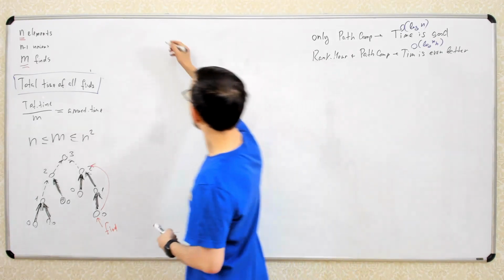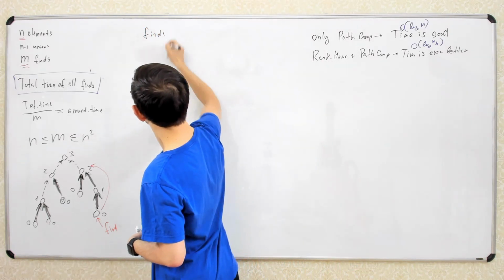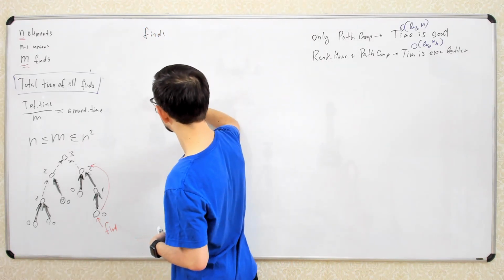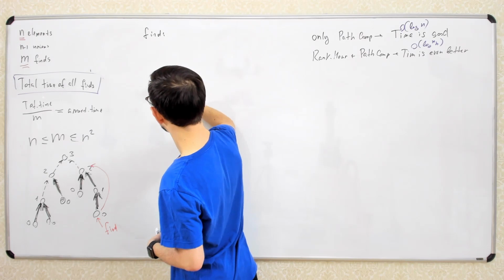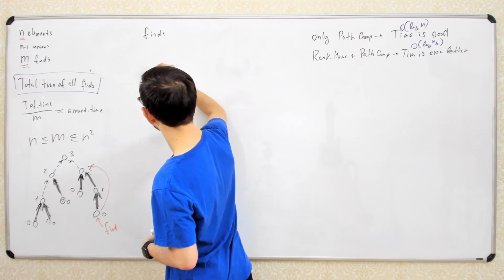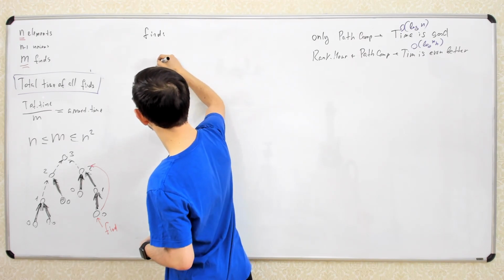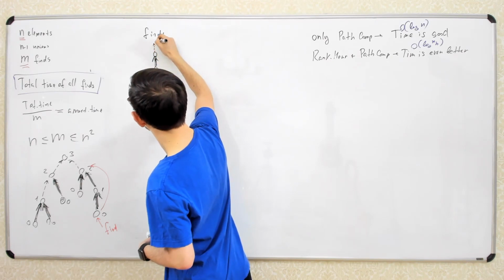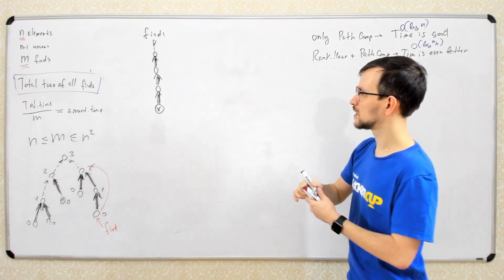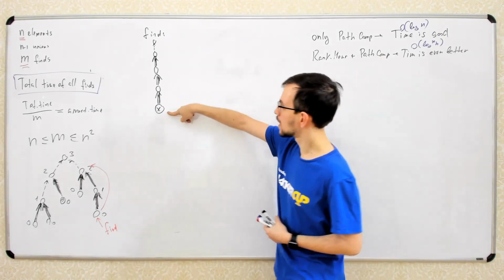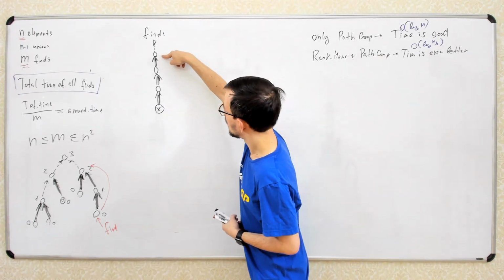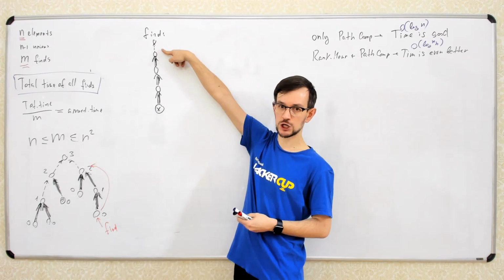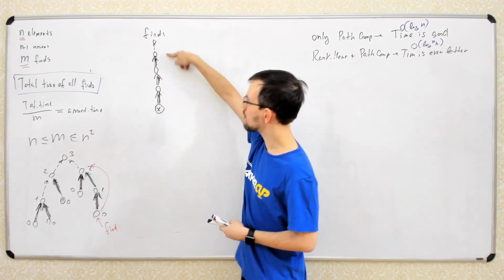So again, how do you call find? Find looks like this. We have vertex x. We have some real edges, and here some dashed edge. So when we call find from here, we follow the path until we reach the first dashed edge, and then apply path compression.